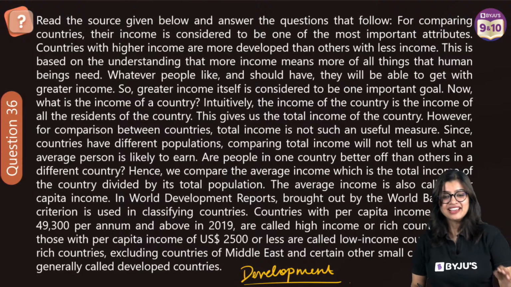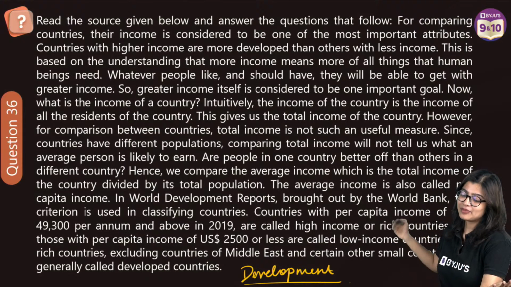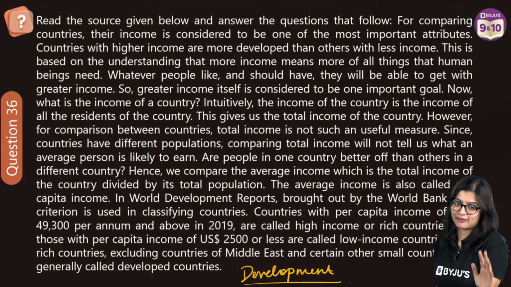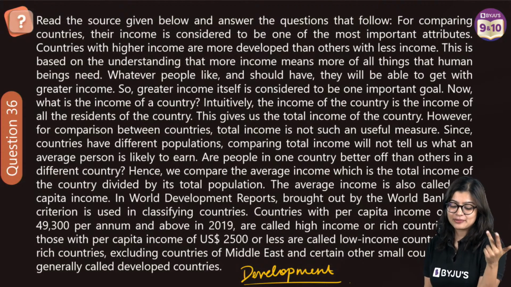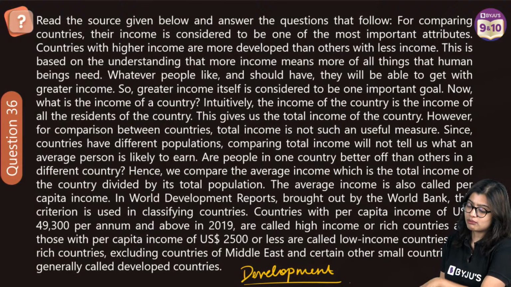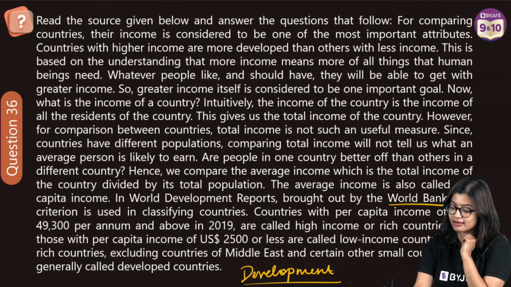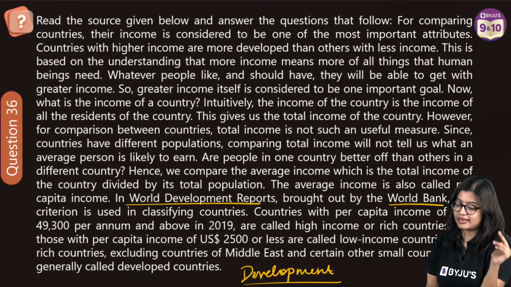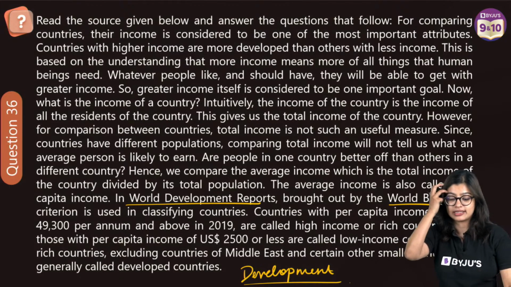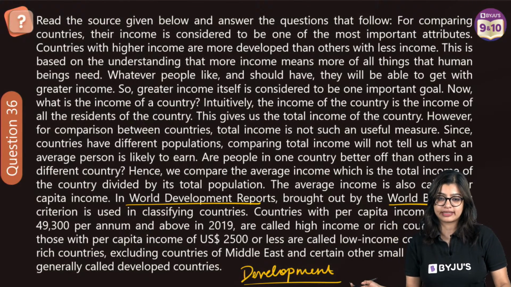Good one, Ashvi. Okay. See, I'll give you a summary, okay? Read fast, but I'll summarize. They're asking about per capita income. They're talking about how, based on average income, the World Bank report classifies countries as high income countries, middle income countries, and low income countries, okay?